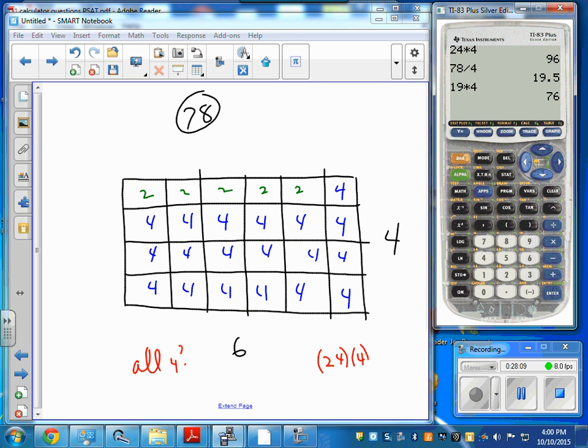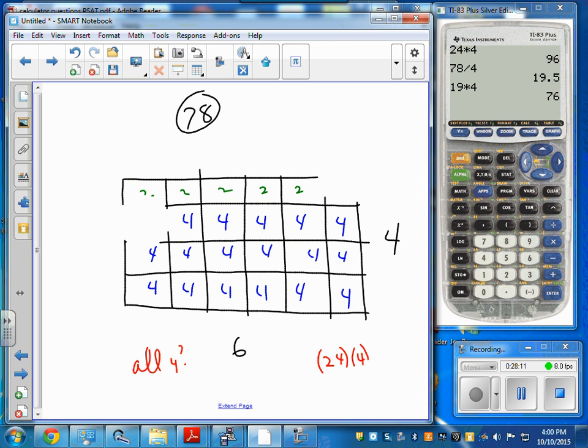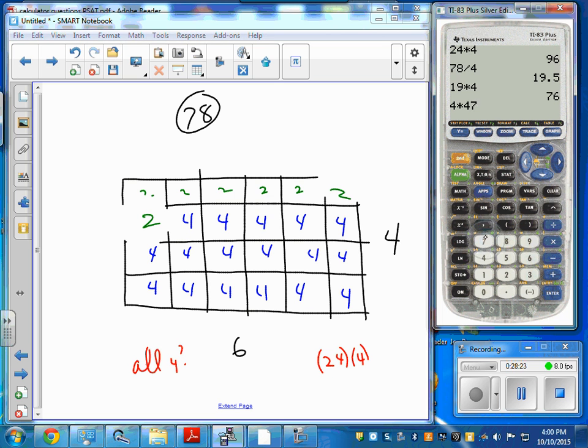Let's take those 4 students and divvy them up, so we have 2 and 2. Now we have 4 times 17 boxes. Okay, that's 68. And do we have 10 boxes left?